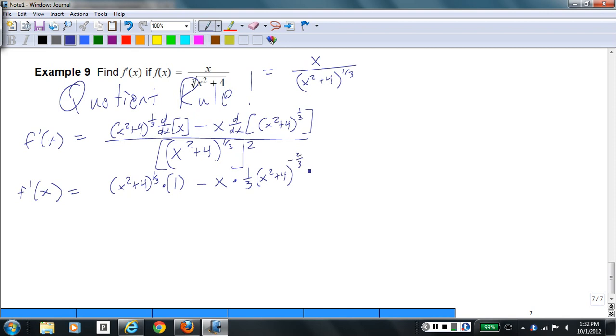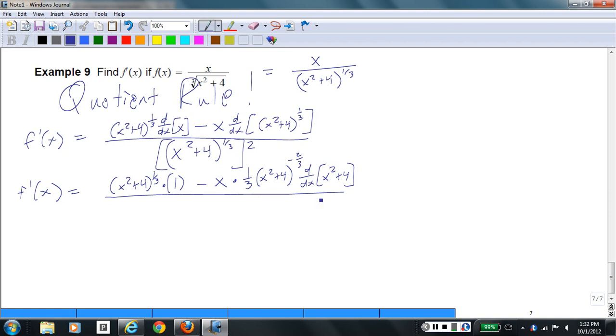Negative 2/3 times the derivative of, and here's where I'm going to play fast and loose with the notation. I probably should write d dx of x squared plus 4, yes? Yes, I should. When you go back and look at this, you'll think, where did the 2x come from? Oh my goodness, he's just making stuff up. And I might be, but at least I need to leave good directions as to where it came from. d dx of what's inside the parentheses.